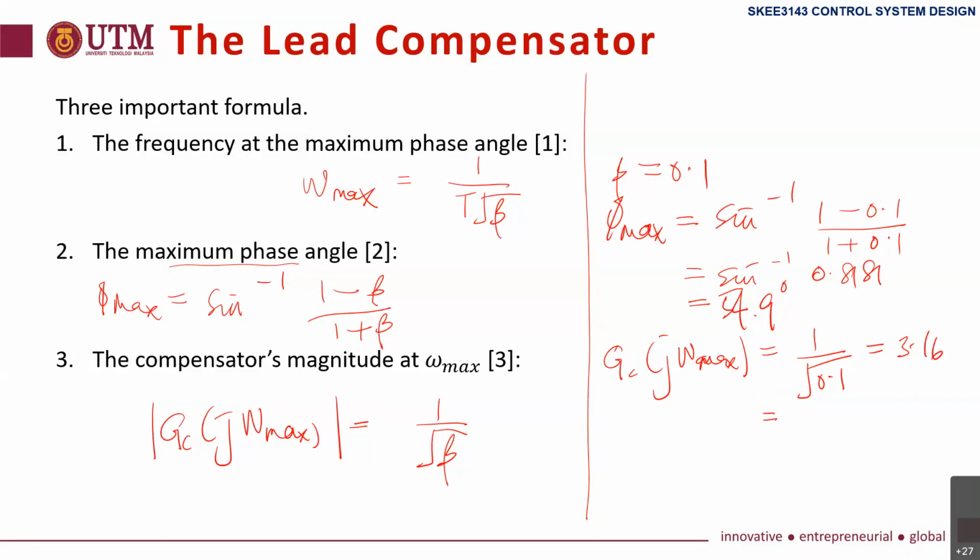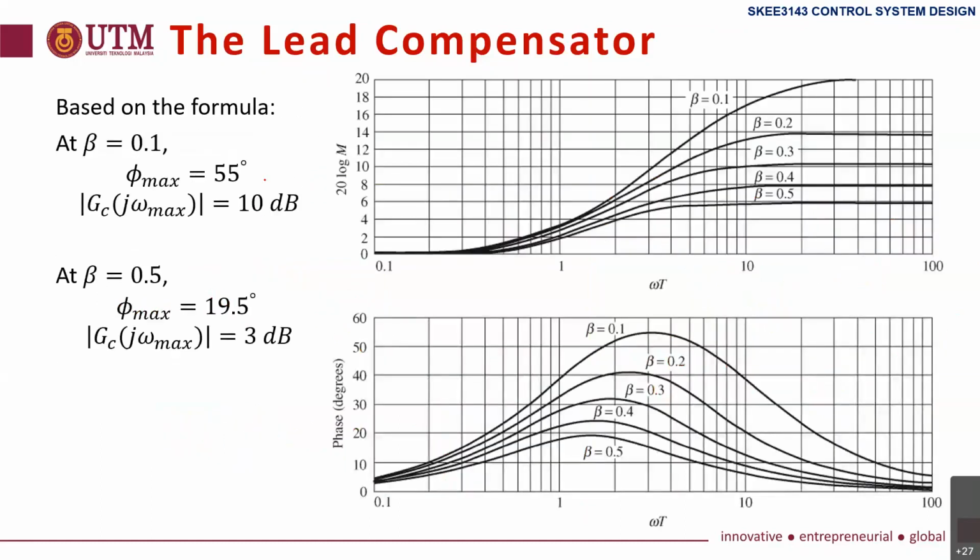This is not in dB. In dB, 20 log 3.16 equals 10 dB. That is the case for beta 0.1. So here we calculated and I wrote it here. Beta 0.1, phi max 55, magnitude 10 dB.